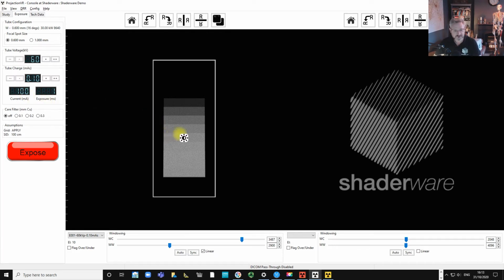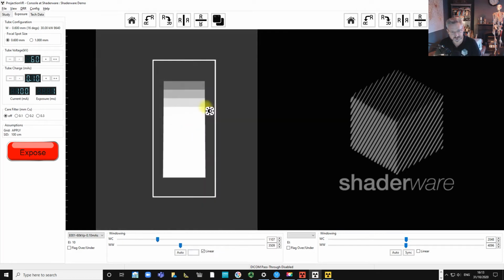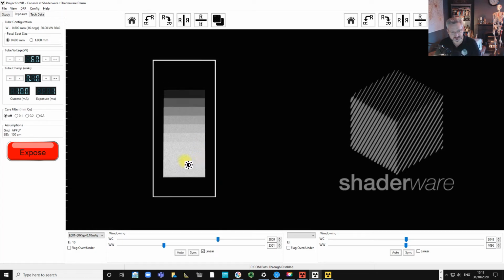Okay, let's have a conversation about what this image looks like. As I described, the step wedge has got different thicknesses of aluminium in it, and you can see that as we window it, we can see those different thicknesses showing up as different shades of grey. The other thing that's noticeable about this image is that it is very grainy. There's a lot of random fluctuations of shades of grey, and this is because it was such a low amount of radiation.